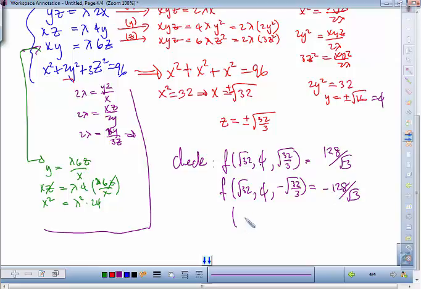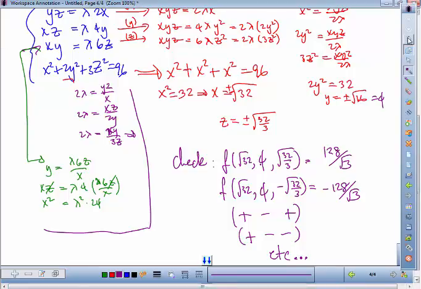Check also all the other combinations, plus, minus, minus, minus, etc. Okay, should we check? Let's just assume that we're right, even though we're not.